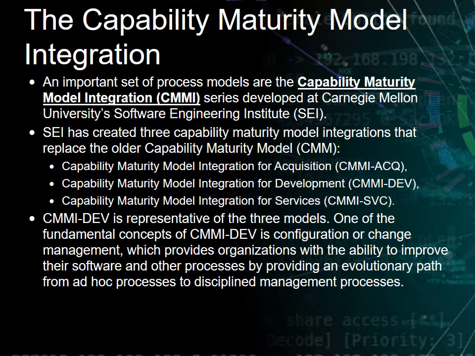CMMI-DEV is representative of the three models. One of the fundamental concepts of CMMI-DEV is configuration or change management, which provides organizations with the ability to improve their software and other processes by providing an evolutionary path from ad hoc processes to disciplined management processes.